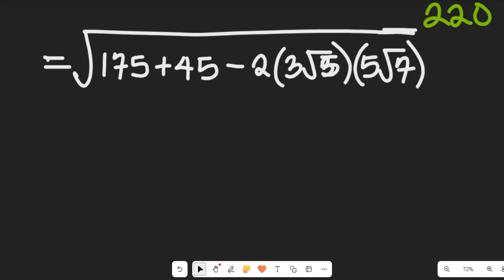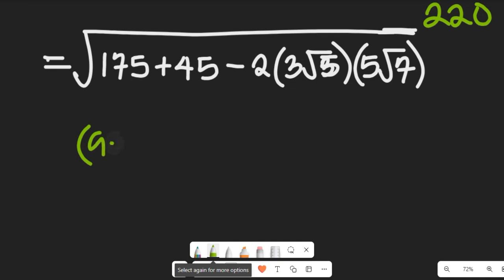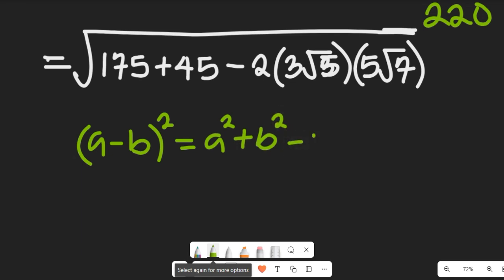Now let's compare that expression with an algebraic formula. If you are given the algebraic formula (a minus b) square, recall from the algebraic formula rule, this can be equal to a square plus b square, right, minus 2ab, right?